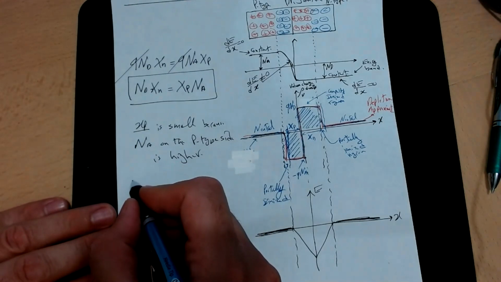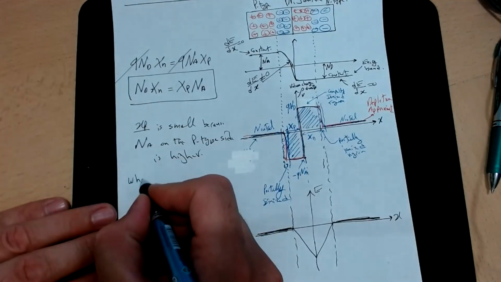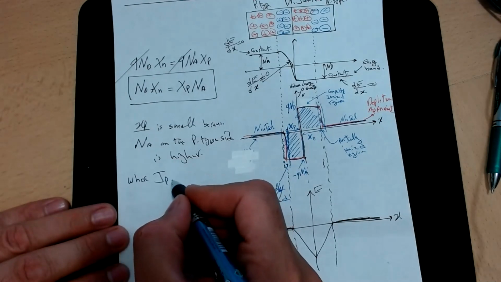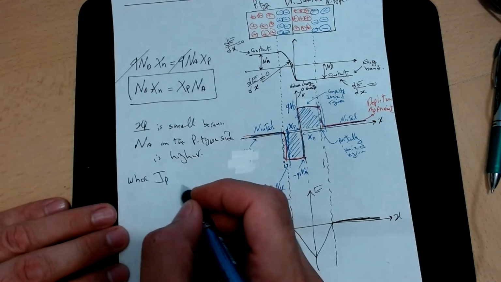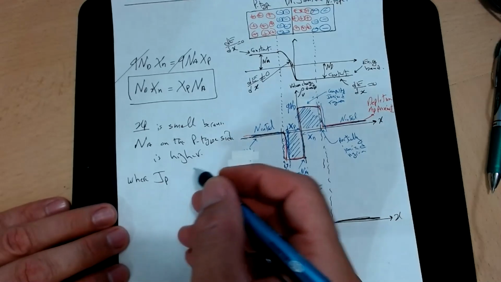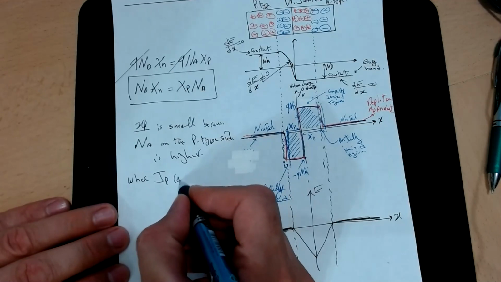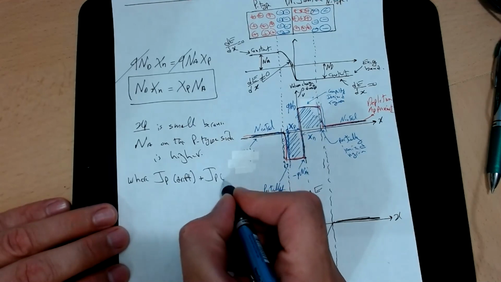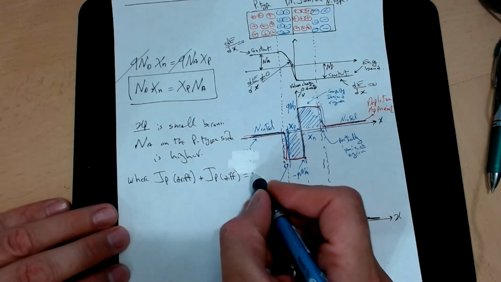We already know that at p-n junction equilibrium, the drift current density on the p side, plus the diffusion current density, is equal to 0.